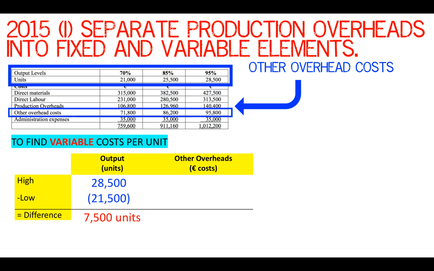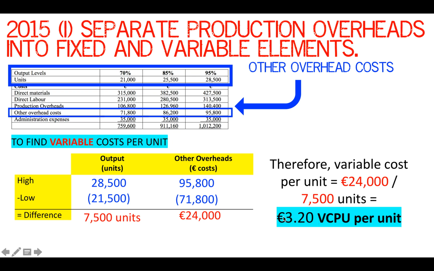We'll take the other overheads, high and low, and find the difference there: €24,000. We can find the variable cost per unit by dividing 24,000 by 7,500 units, and that is €3.20 variable cost per unit.